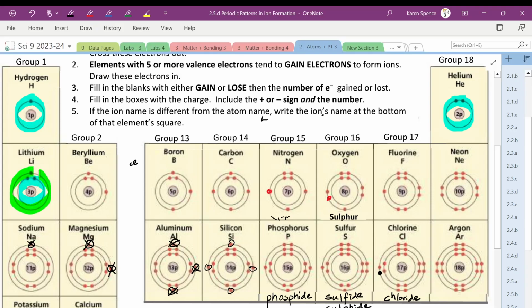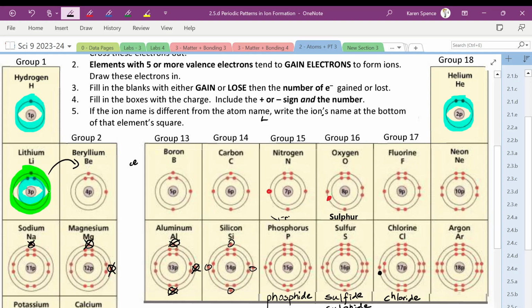Okay, and as we go across, we always have how many shells? 2 shells all the way across that row, and you'll notice, what are we doing to that shell every time we move over to the next atom? Every time we go to the next atom, we are adding 1 more electron.